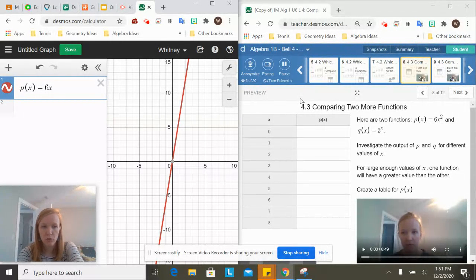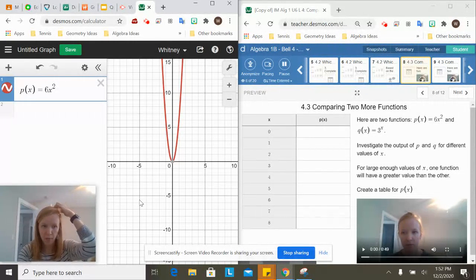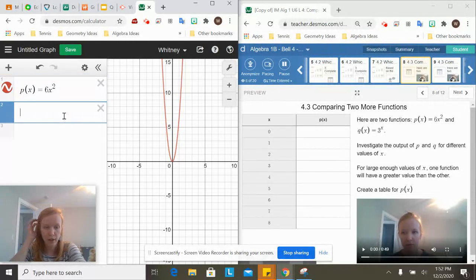If you don't know how to do the exponent, I know that you can get the little calculator buttons at the bottom. I tend to just use the keypad, so if I want to use an exponent, I do shift 6, and that raises me to the exponent spot, and then that's where I put my 2. So again, I put my function in line 1, and then in line 2, I'm using my different inputs.